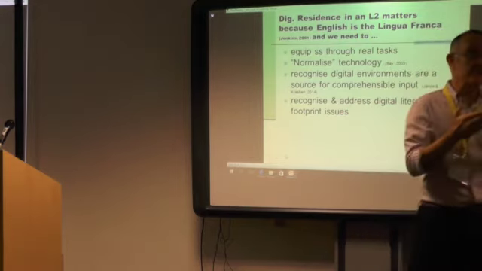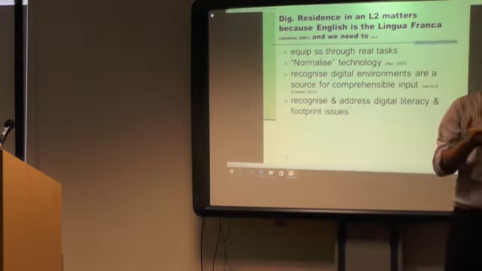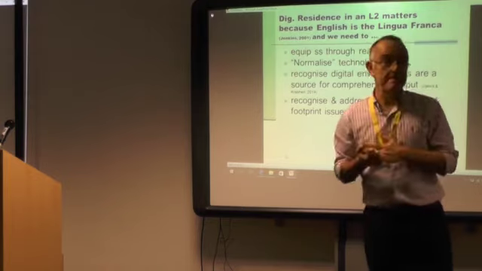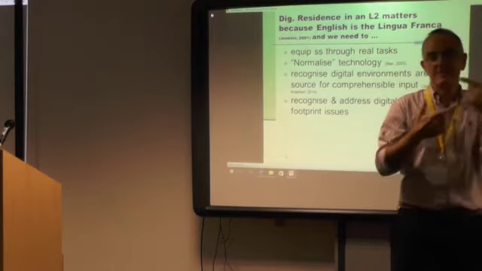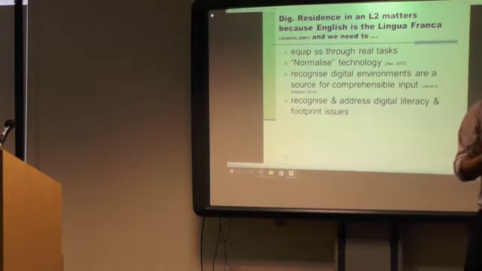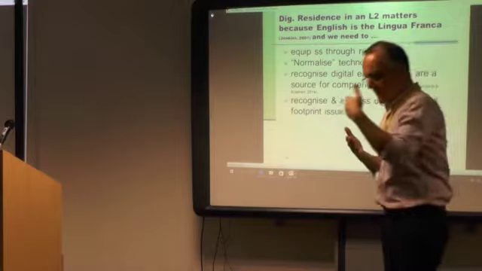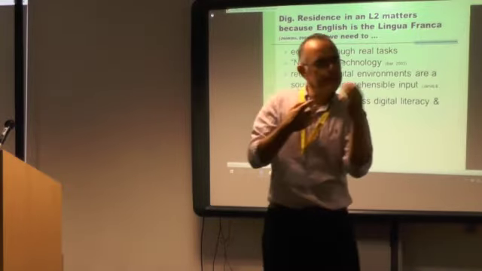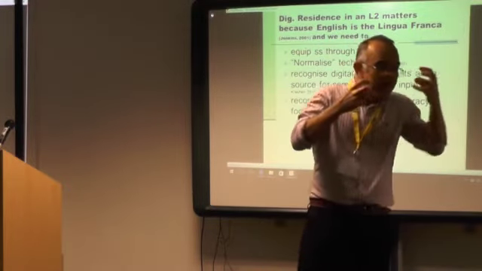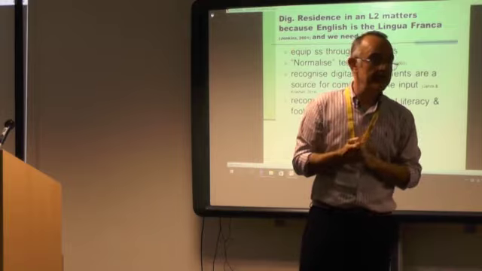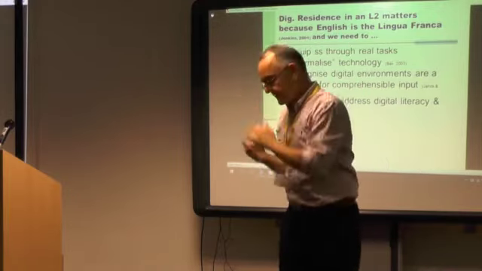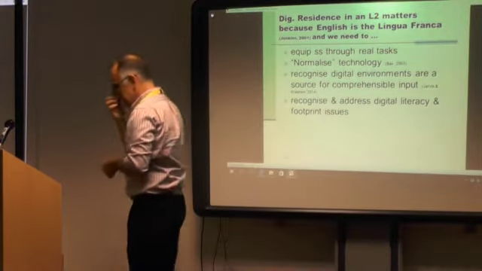And we need to encourage our students to critically reflect on that. We need to equip them to behave appropriately, efficiently and effectively. And we need to be developing tasks that facilitate those kinds of things if we are going to equip them to be responsible citizens in the future.